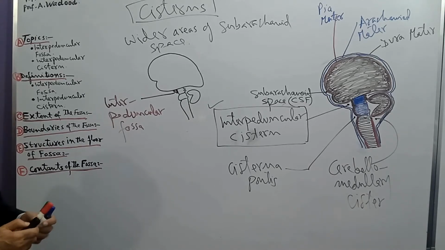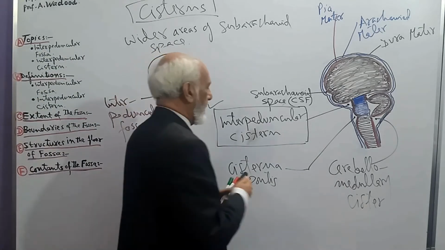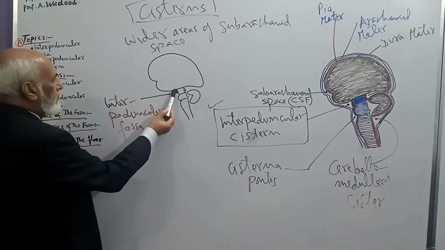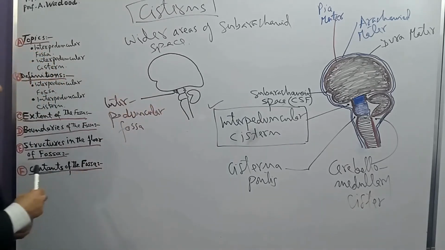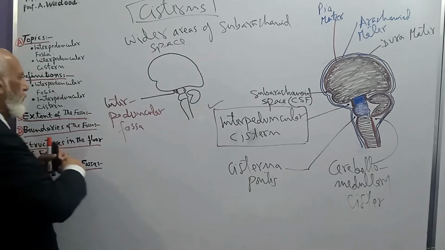The interpeduncular fossa is this small space which is between the base of the cerebrum and anterior aspect of the midbrain. This is the interpeduncular fossa.